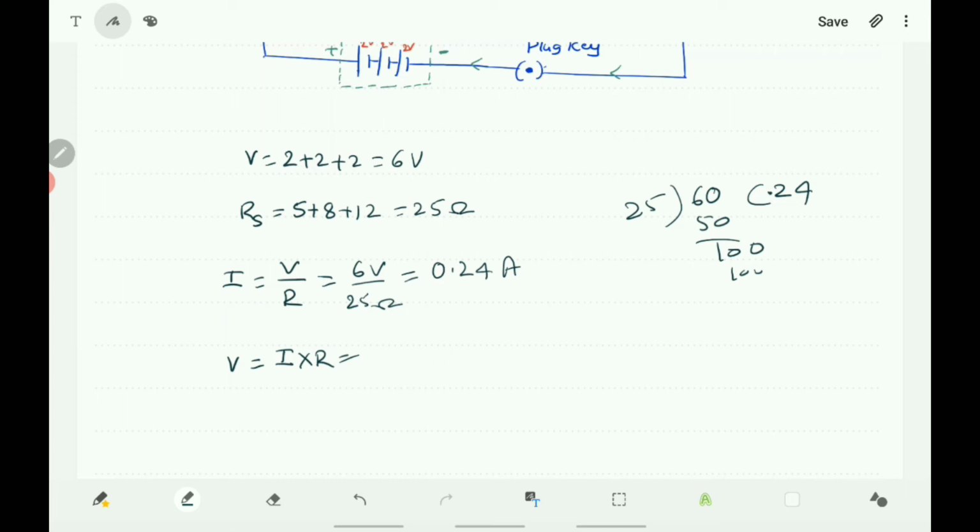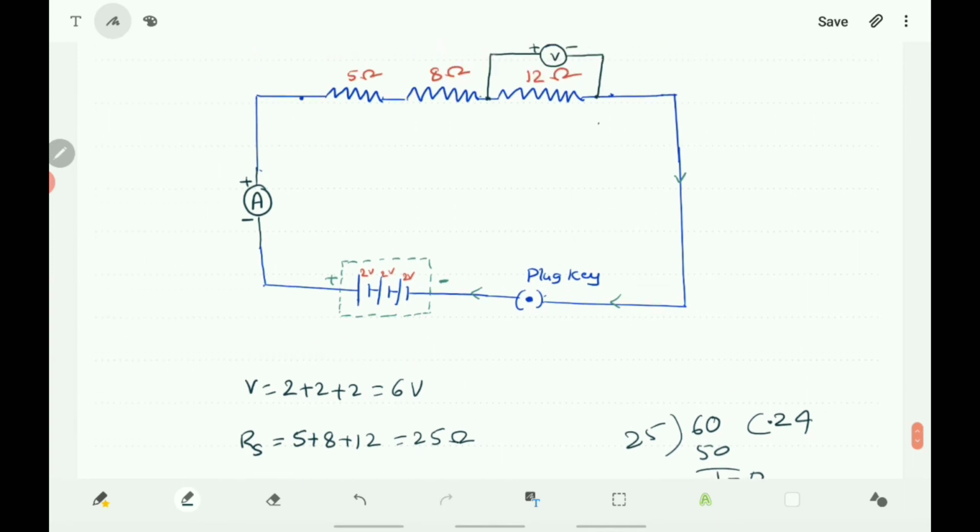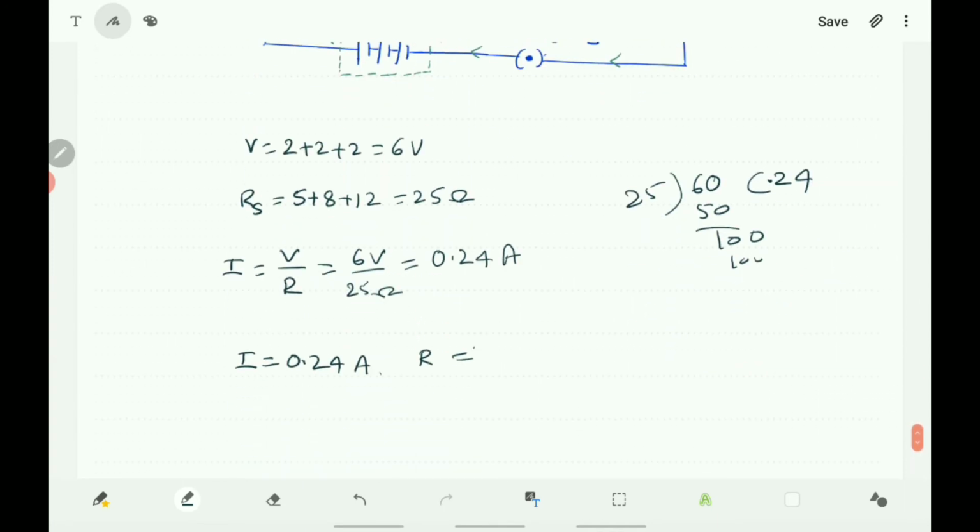The potential difference of the resistor of 12 ohms is what you have to find out. Here you know that I is equal to 0.24 amps and the resistor is 12 ohm, and V is equal to question mark.